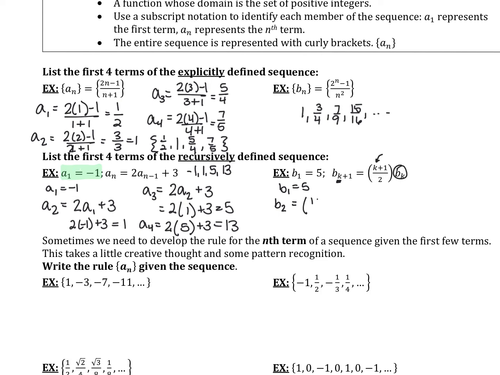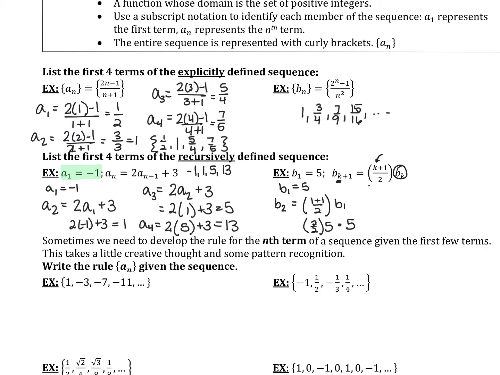So I would have 1 plus 1 over 2 multiplied by the b sub 1. That's what that looks like for this particular problem. So here I would have 2 over 2 times the first term, which is 5, which gives me 1 times 5, which is 5.